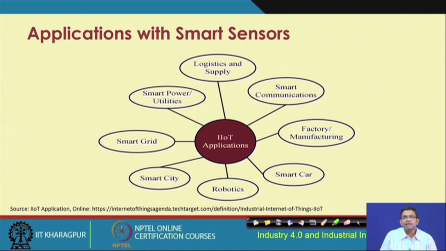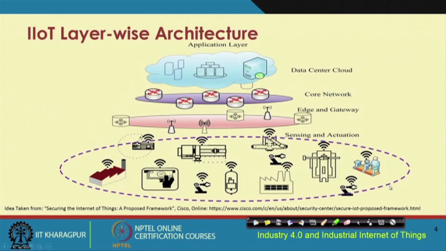Everything basically the smart component is primarily due to the existence of these smart sensors embedded in these different machinery, devices and the system as a whole. So, we need to understand this part in more detail.